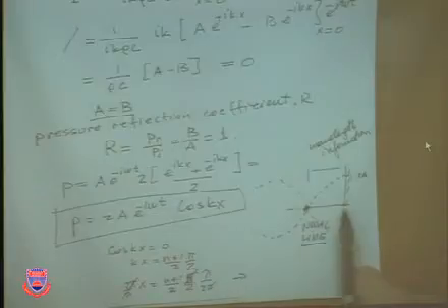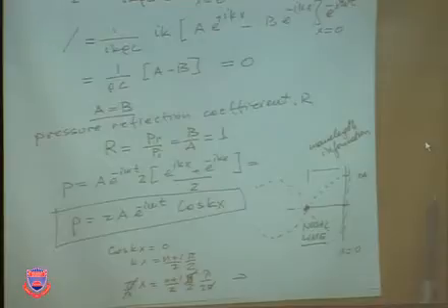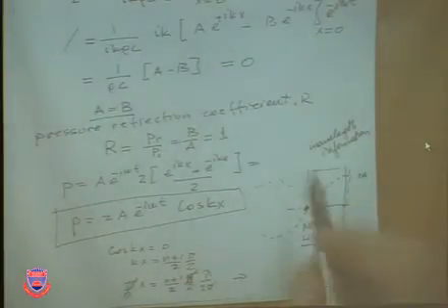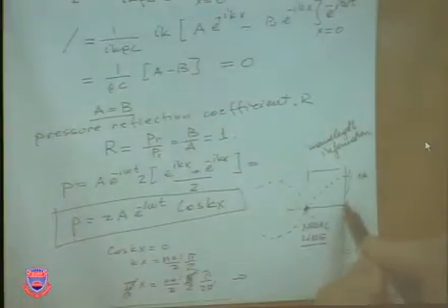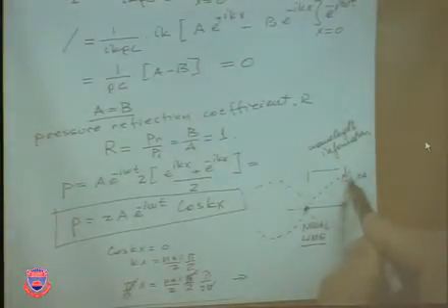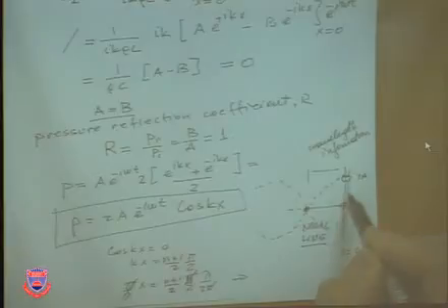Now, what if the condition is something in between? It's neither rigid nor vacuum, but something in between. Then this is going to be neither zero nor the maximum. It's going to be somewhere in between.